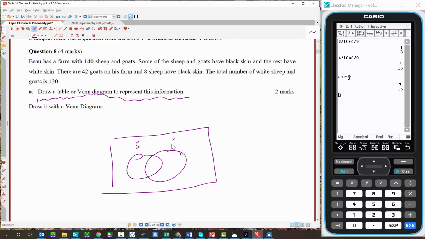So if I go sheep and goats, that didn't quite work because how do you put black skin and white skin? Then they put sheep and black skin, which did actually work, but they got confused there. So this one here, draw it with a Venn diagram. What I'm going to do is not actually finish it off and say, is there a better way?